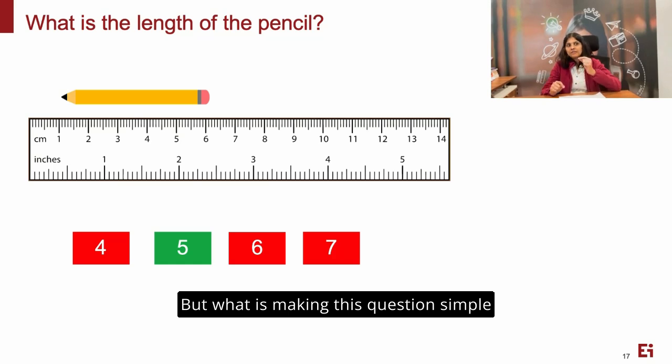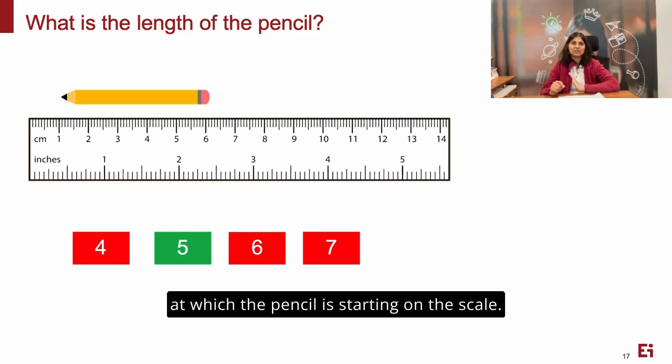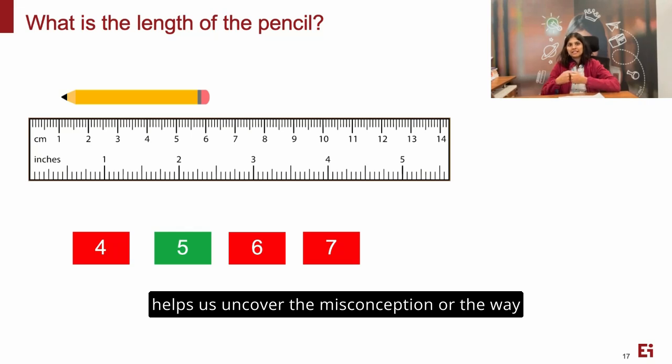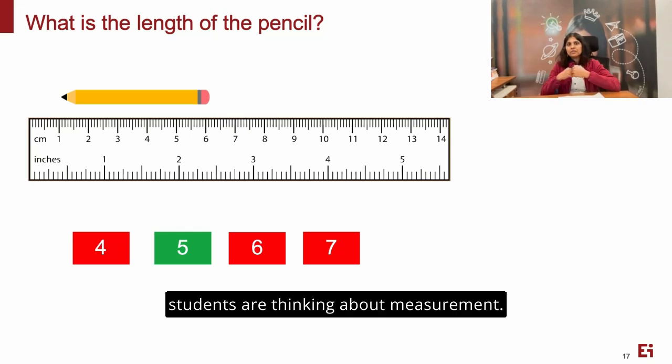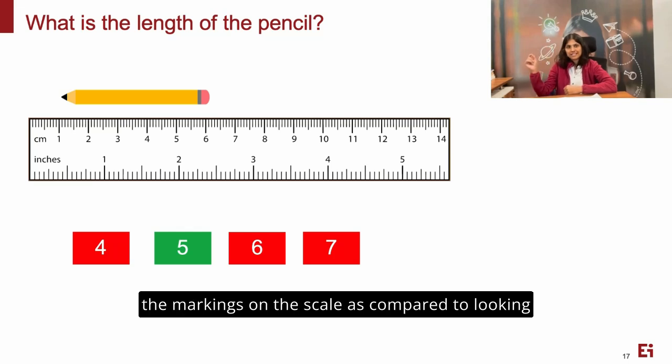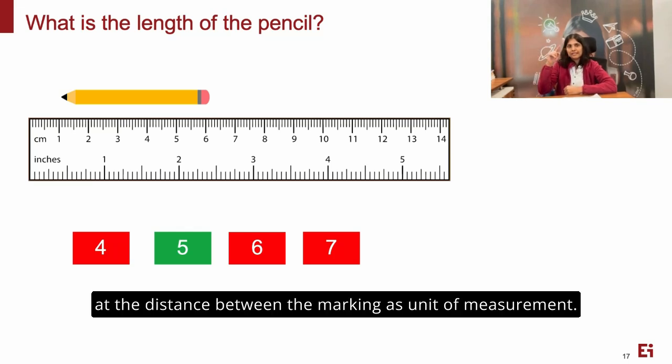But what makes this simple question extremely powerful is the position at which the pencil is starting on the scale. Right? This simple offset of the pencil helps us uncover the misconception, or the way students are thinking about measurement. We saw in those videos that students were actually counting the markings on the scale as compared to looking at the distance between the markings as the unit of measurement.